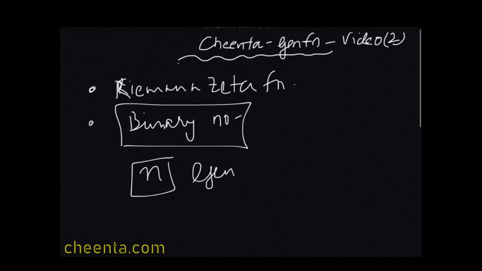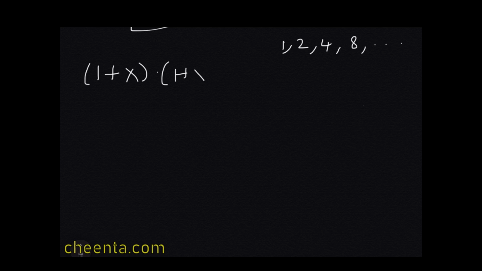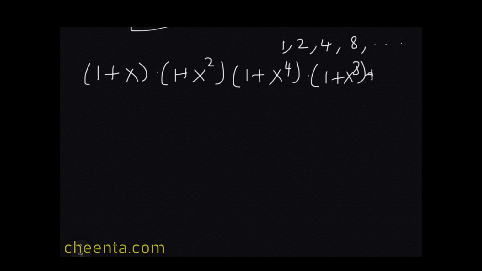All right, so first look at this generating function: 1 plus x, the powers of 2, yes, 1, 2, 4, 8. Let us look at the product of functions 1 plus x, 1 plus x square, 1 plus x power 4, 1 plus x power 8, and so on.